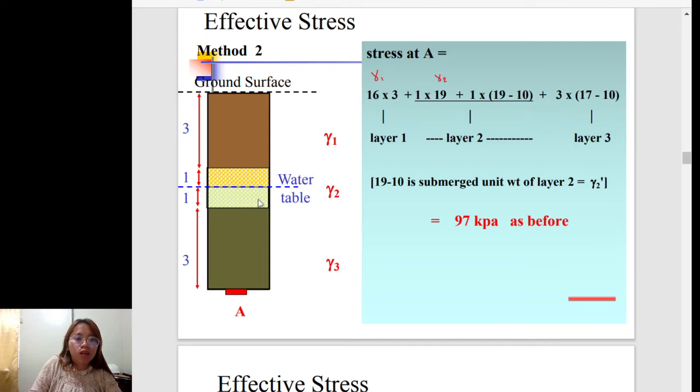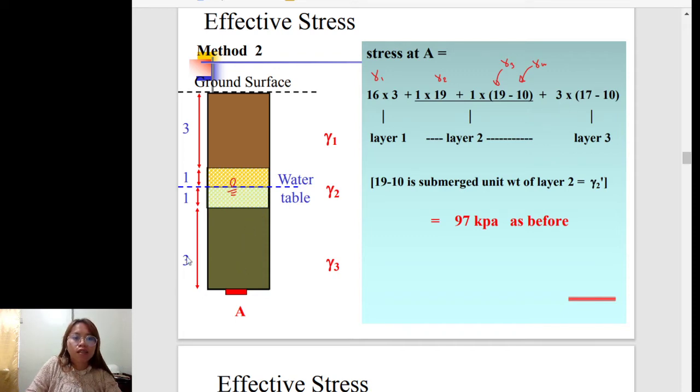Here there is water, a water table. So 1 times the unit weight of the soil at this soil minus the unit weight of the water. This is actually the unit weight of the water. Plus again 3 for this type of soil.